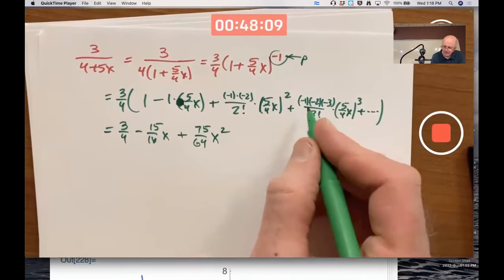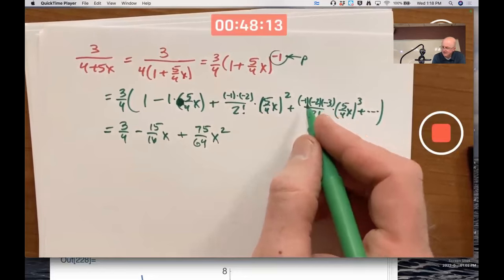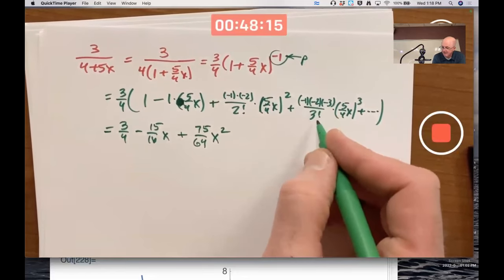Next term, 3 minus signs makes a minus. This is really a -3 factorial up top divided by +3 factorial.